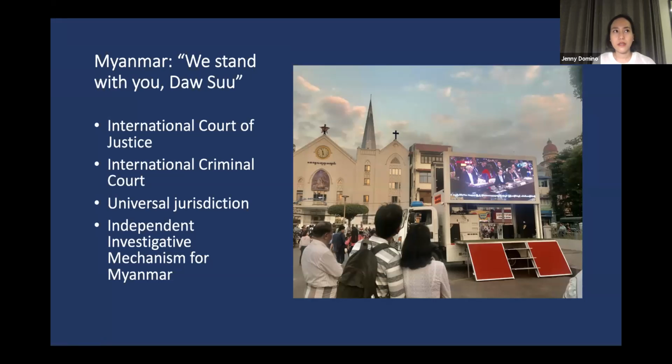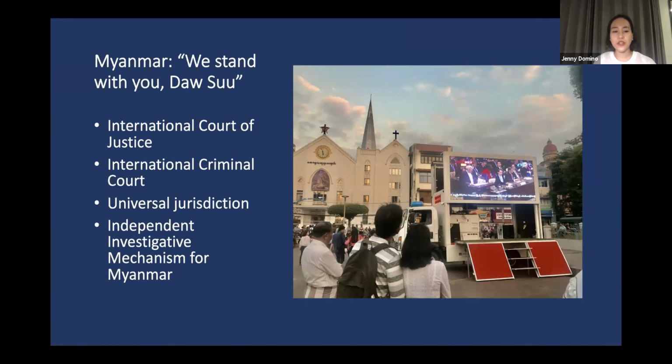This was the last straw, but the persecution of the Rohingyas has been going on for decades. In November 2019, various legal pathways opened up internationally for justice and accountability for the Rohingya ethnic group.